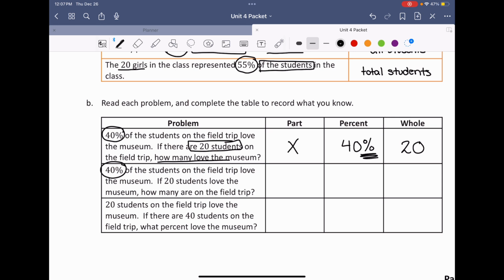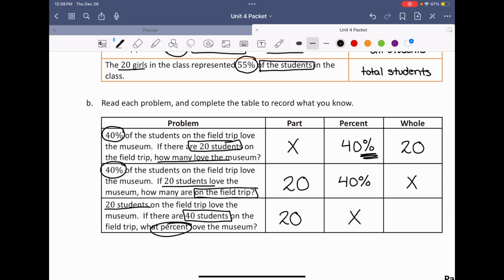If 20 students love the museum, how many are on the field trip? So total field trip goers would be x, 40% is still the percent, and 20 is the part this time. 20 students on the field trip love the museum. There are 40 students on the field trip. What percent? So the percent is x, 20 is the part, and 40 is the whole.